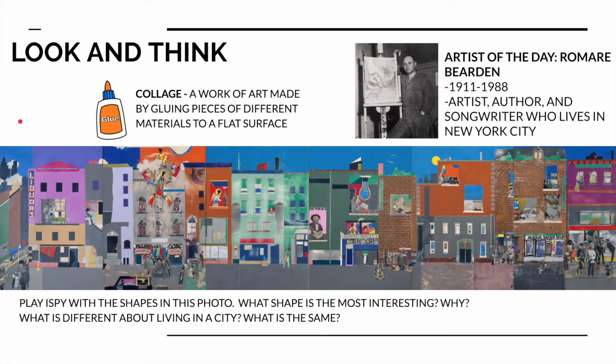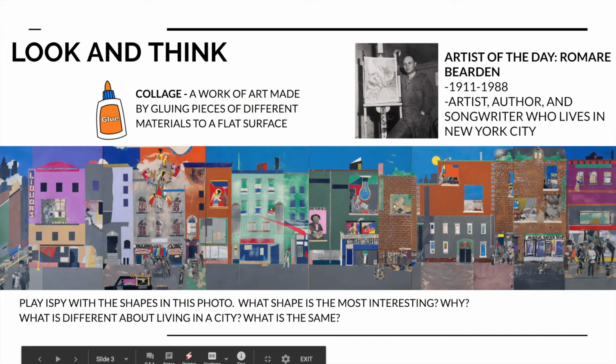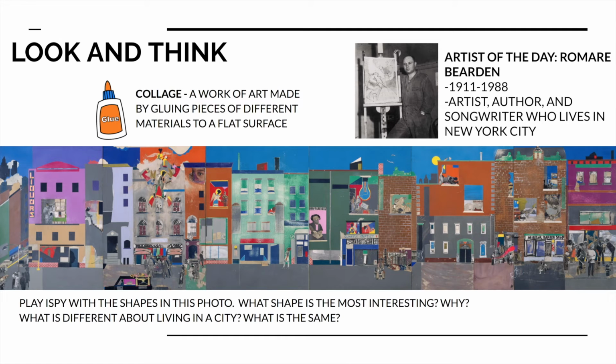A collage, as you can see the definition here, is a work of art made by gluing pieces of different materials to a flat surface. If you can see here, he pasted a bunch of different papers, shapes, and paints onto this painting here.